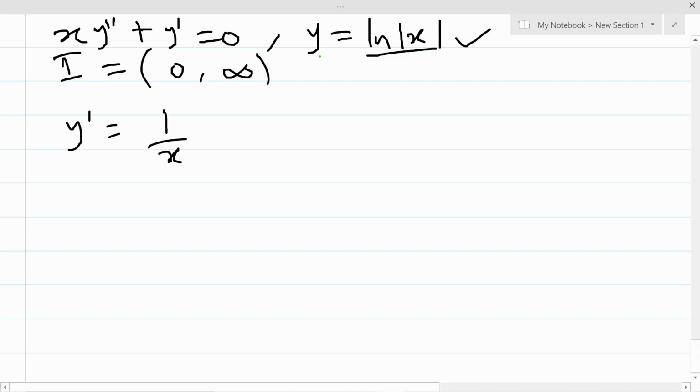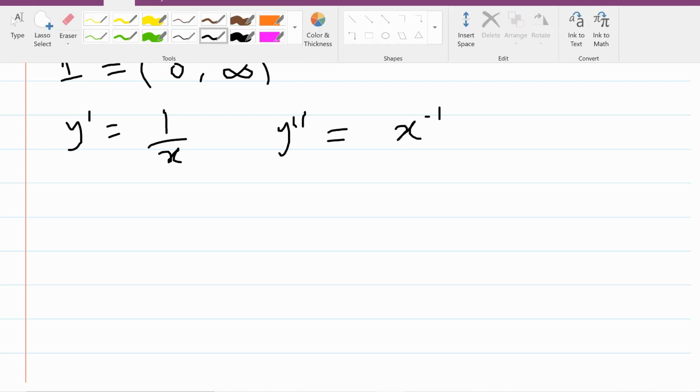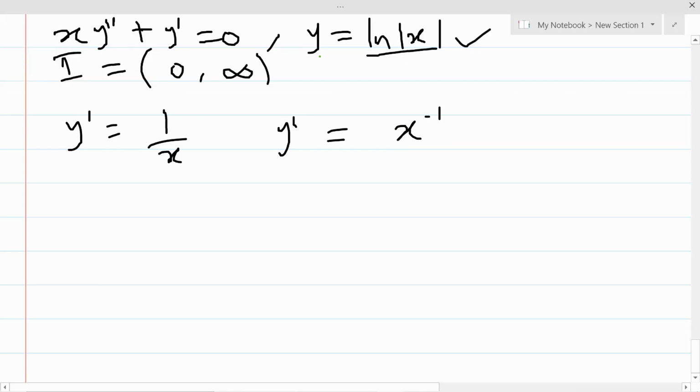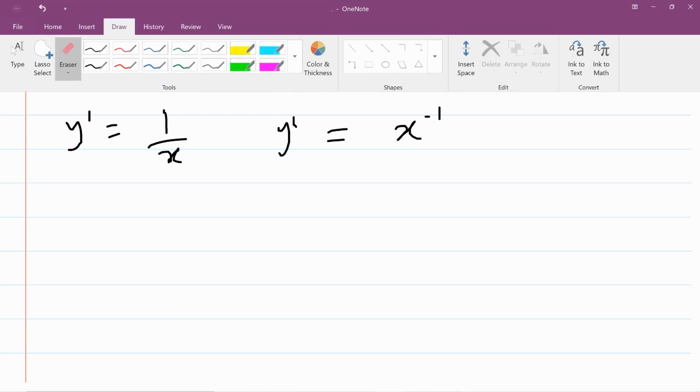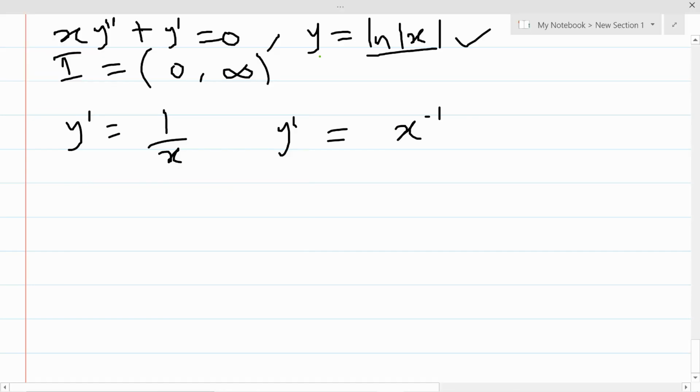Then y prime prime is equal to, when you differentiate 1 over x, the same as differentiating x to the -1. So y prime is actually equal to x to the -1.